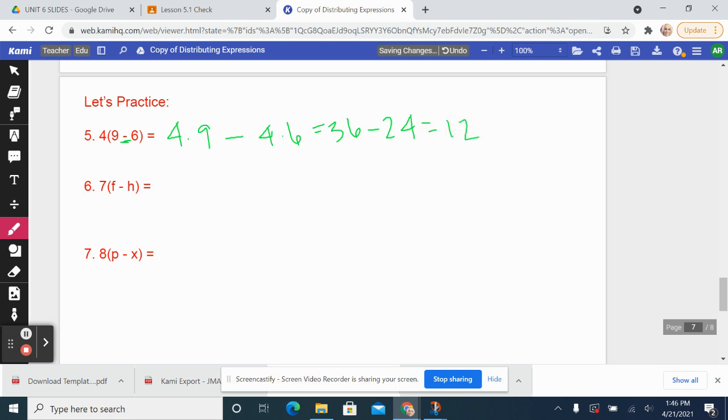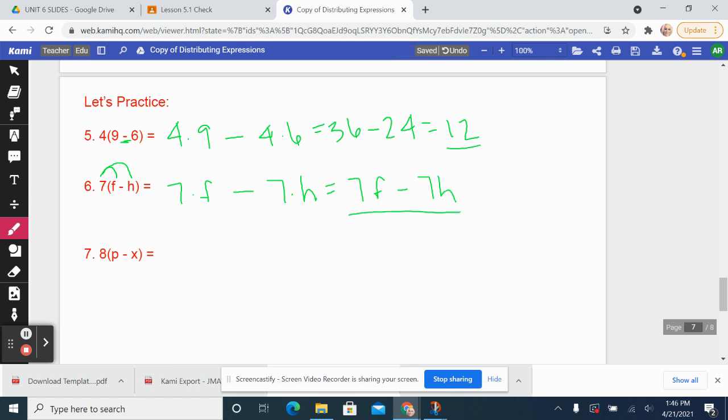All right, now this number 6 is different. You need to do 7 times F, and you need to do 7 times H. So 7 times F minus, because there's a subtraction sign, 7 times H. So you get 7F minus 7H, and that is your answer.